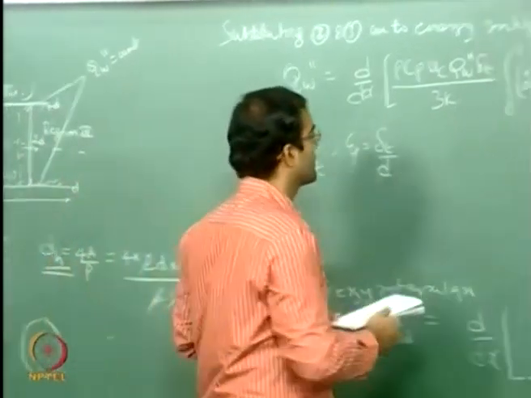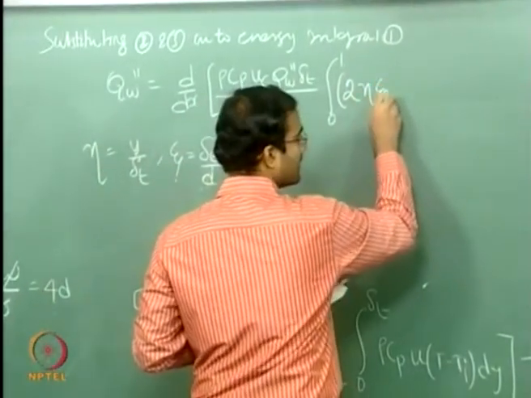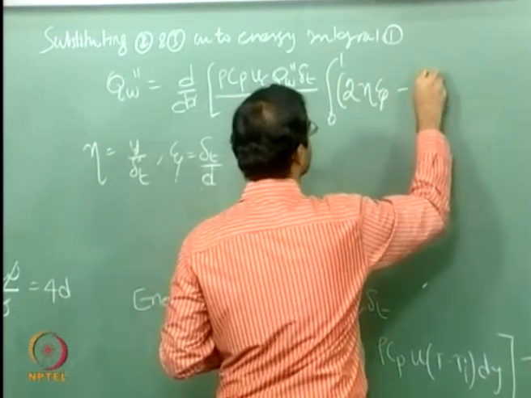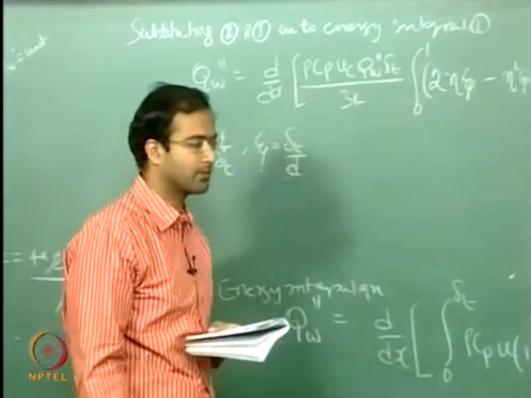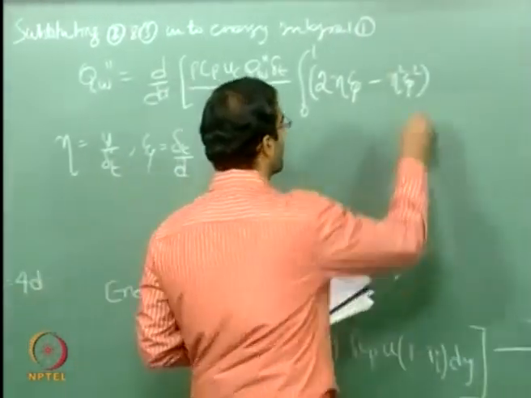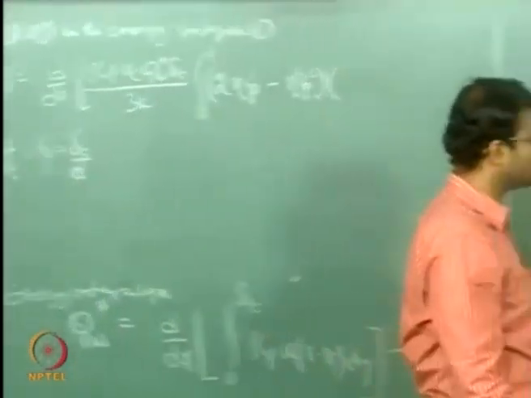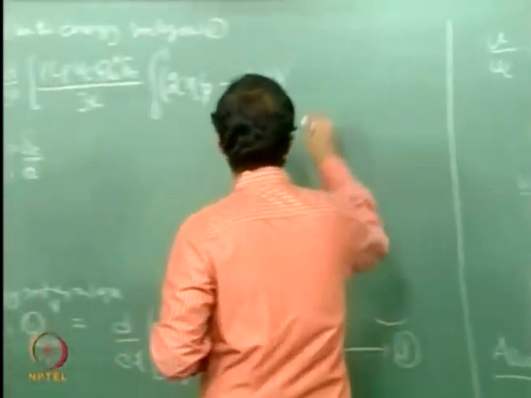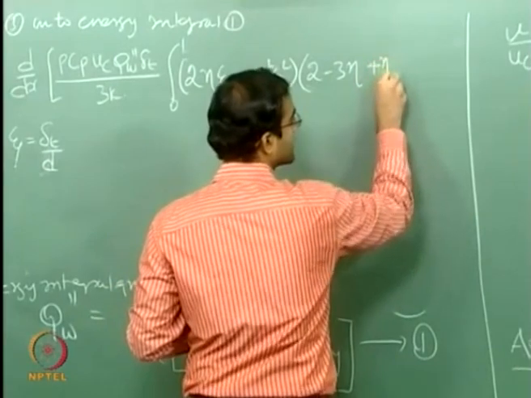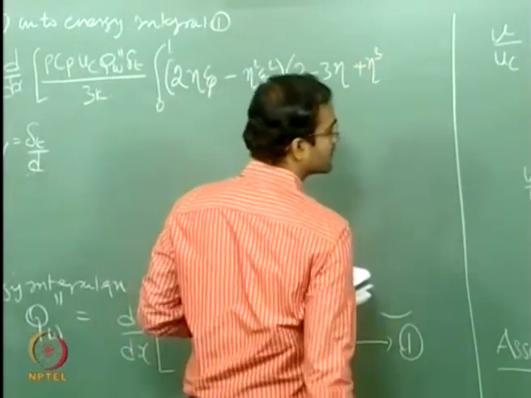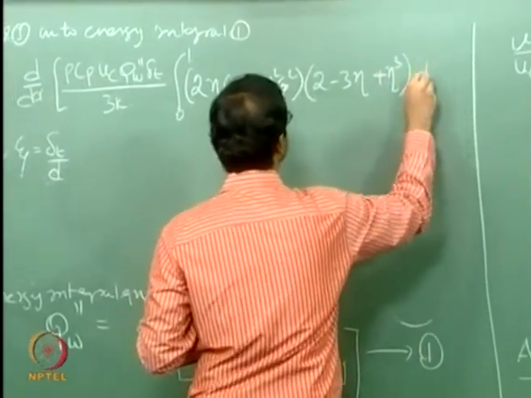So this is eta zeta minus eta square zeta square. This is your velocity profile into t minus ti. Already you have taken the constant out, so that will be 2 minus 3 eta plus eta cube, d eta.